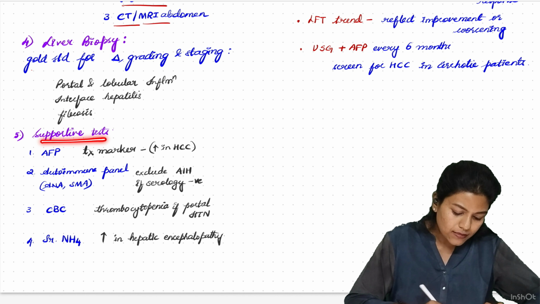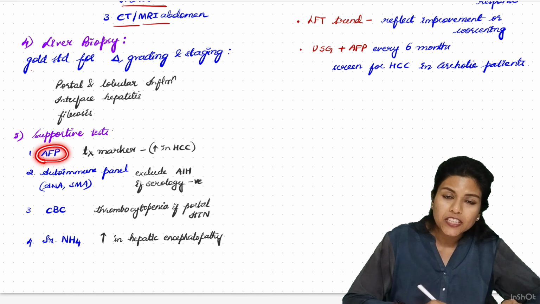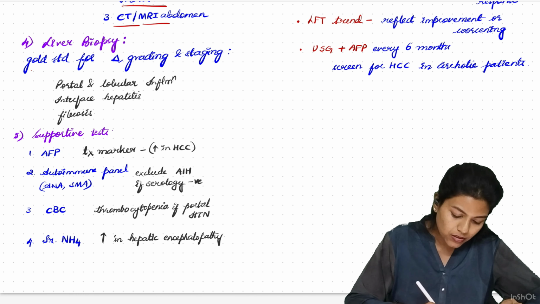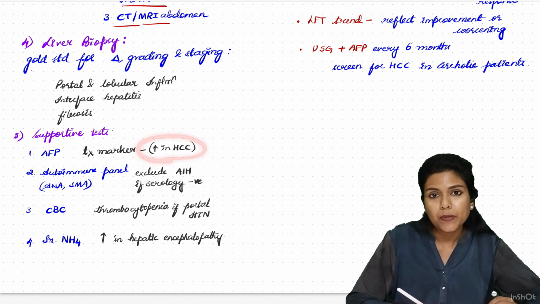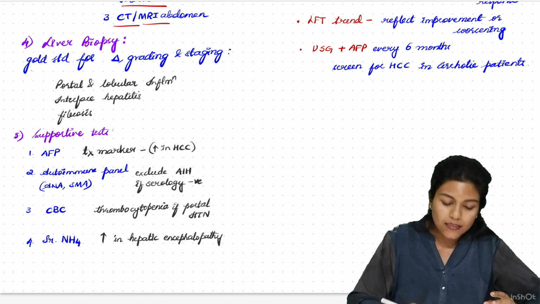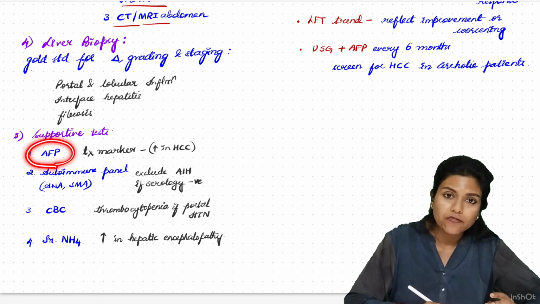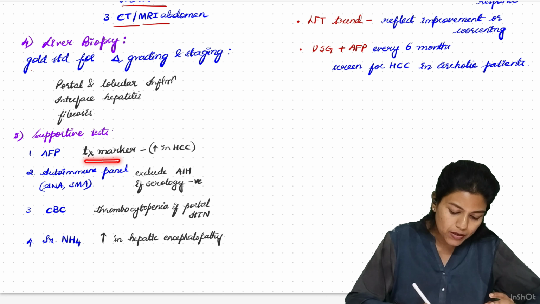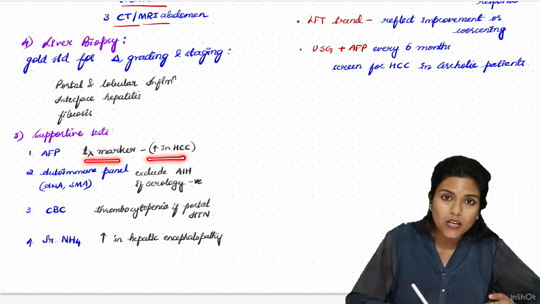Other supportive tests include the alpha fetoprotein, which is a tumor marker for HCC. Because it is a chronic case with a prolonged duration, if you are suspecting HCC in that patient, you can perform an alpha fetoprotein marker, which is increased in hepatocellular carcinoma.